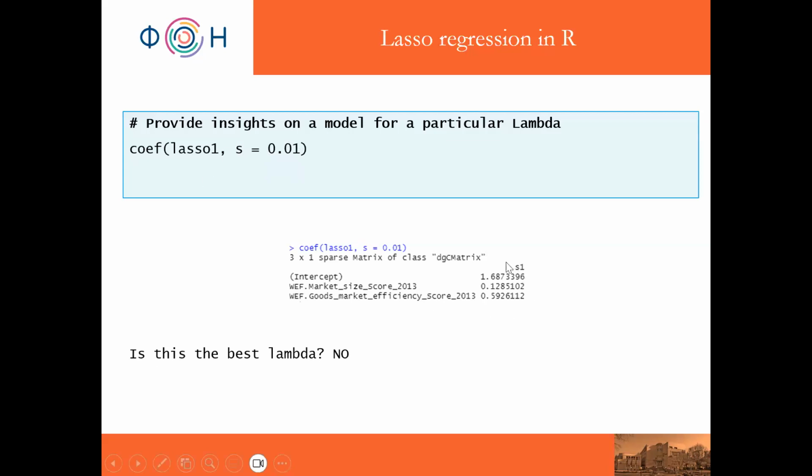Even if we look now at these coefficients, we can see that they are reduced from our basic OLS coefficients. This one here was 0.6 something, and this one was 0.13. So definitely our estimates are going to be reduced. Again, we don't know the best lambda, so we are again going to turn to cross validation.